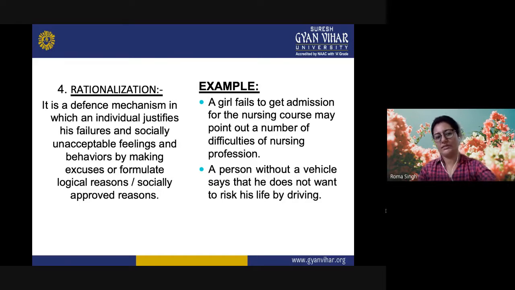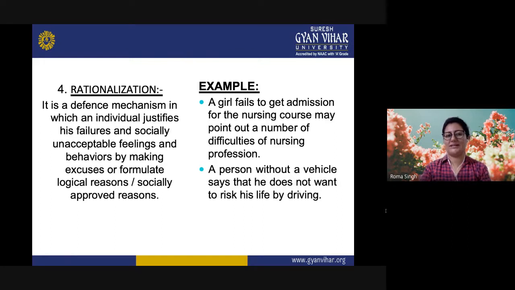In this kind of defense mechanism, the person tries to cope with this kind of behavior by making excuses. For example, a girl who fails to get admission for the nursing course may point out a number of difficulties of the nursing profession. So we can say that a fox can say that the grapes are sour.